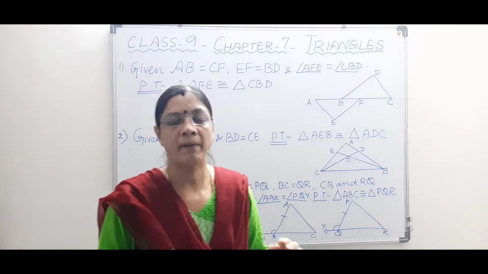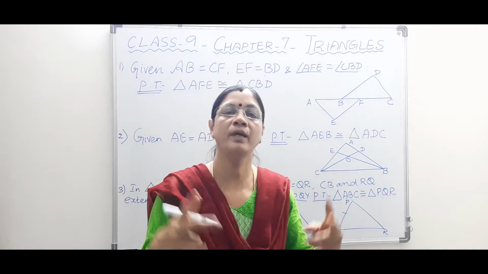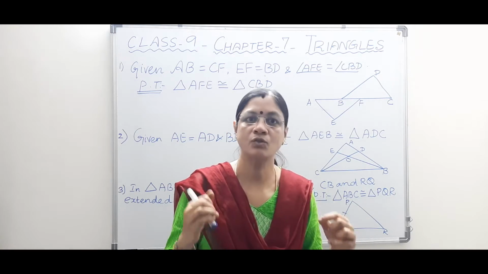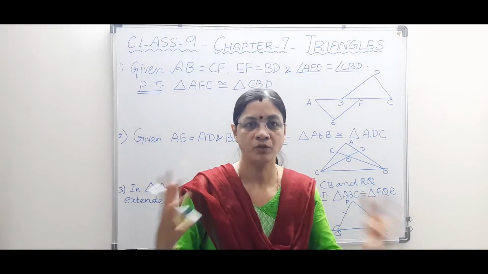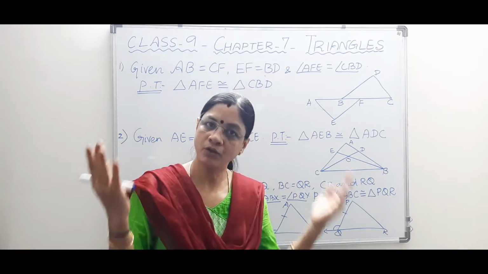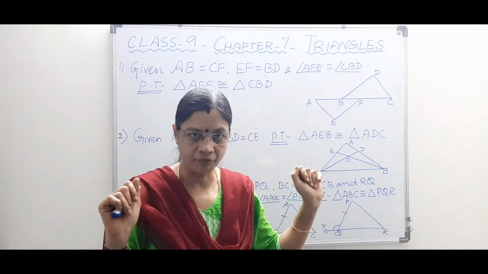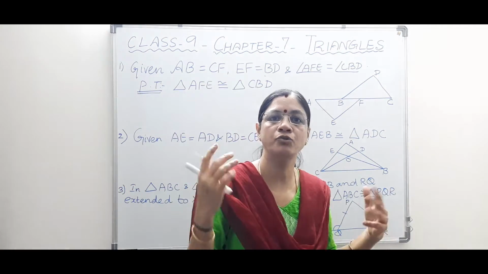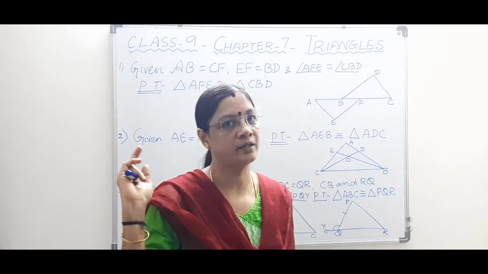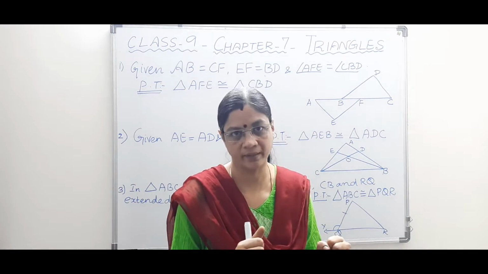And now to apply the SAS congruency criterion, we need two triangles, isn't it? So first we look for two triangles. Let us identify two triangles in the diagram. There are two triangles in the diagram, of course. Now we need to identify two sides and an angle enclosed within them, isn't it?